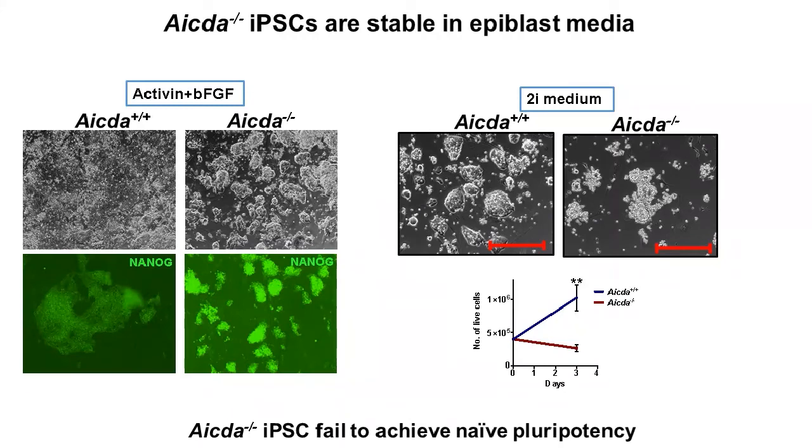However, when we culture these cells in the 2I media, which supports naive stem cells, we observe that the AID knockout cells fail to survive in these conditions. So from these data, it indicates that AID is required for the achievement of naive pluripotency in vitro.